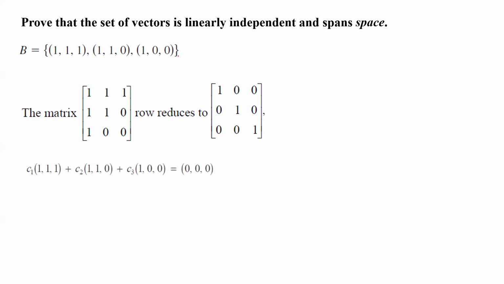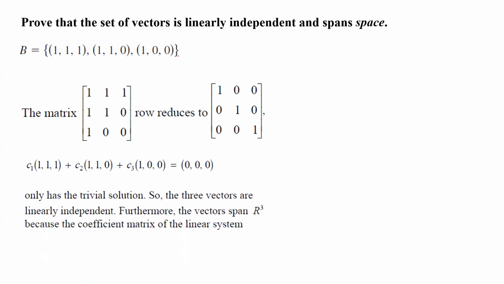Now, C1 times (1, 1, 1) plus C2 times (1, 1, 0) plus C3 times (1, 0, 0) is equal to (0, 0, 0). Or basically, since we wrote it in reduced form, it means that C1 is 0, C2 is 0, C3 is 0, and then we are done. These are all linearly independent from each other.